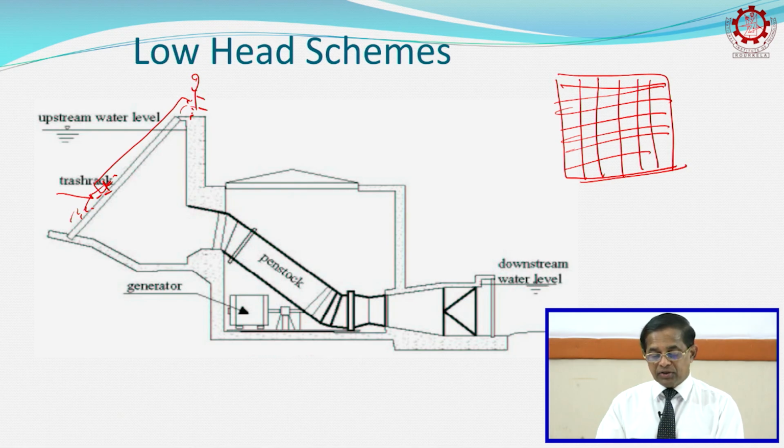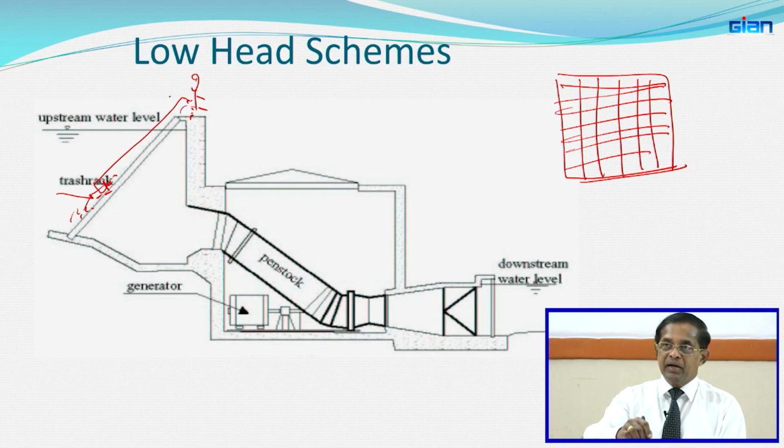But in Europe, I have seen they use automated trash racks. There is a machine which will come every 5 minutes or 10 minutes as programmed. They will program it to be more frequent in the season of leaves falling, and it will just come here and drag everything up and go on doing it many times, right. Automated trash racks are there.